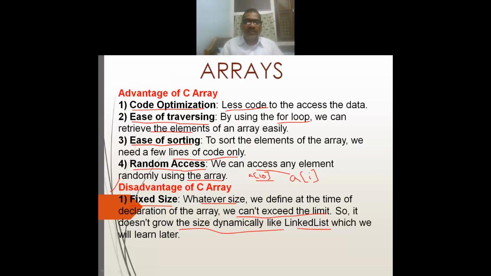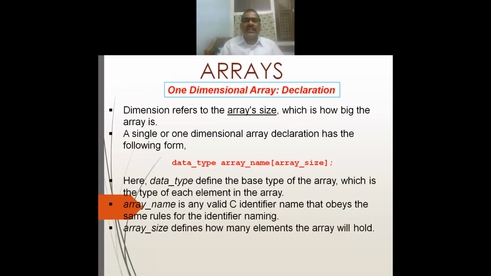We have to declare the size of the array at the time of declaration itself. That is a static declaration. A linked list, which grows dynamically, we can learn in the data structures subject next semester. So these are the advantages and disadvantages.